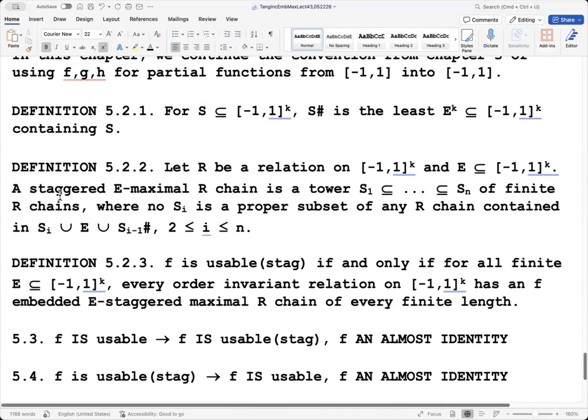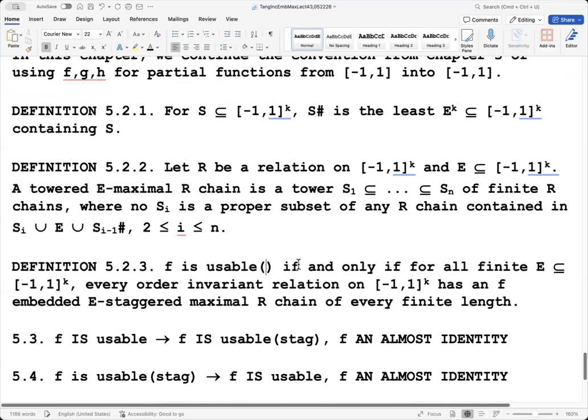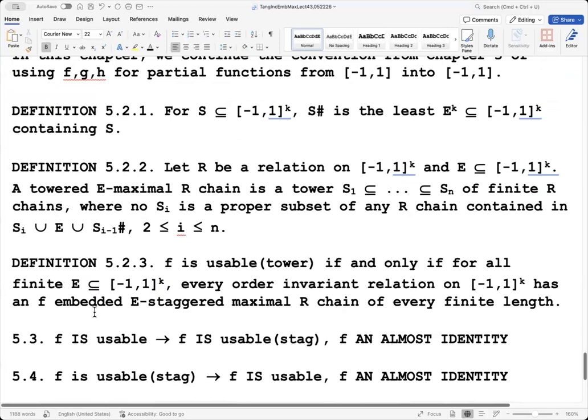Let me do that. Use a little tower. F embedded. Towered. I might play with the words a little bit here.